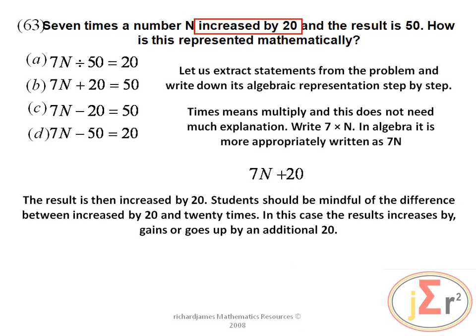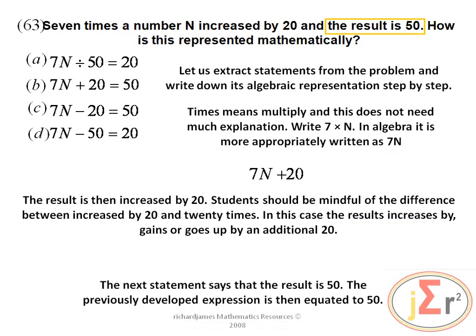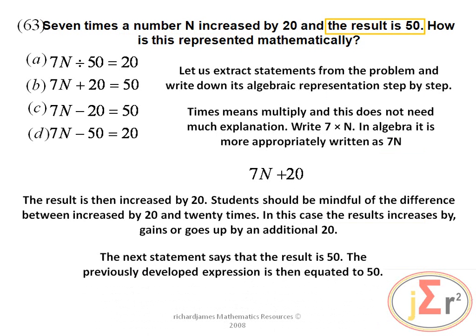So 20 is added. The next statement says that the result is 50. The previously developed expression is then equated to 50. How is this represented? The answer is option B.